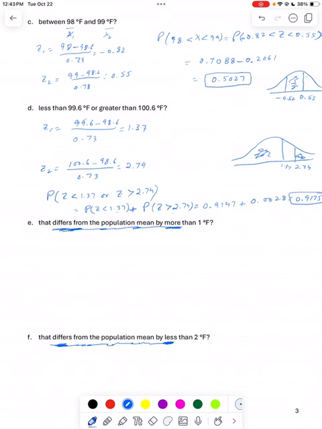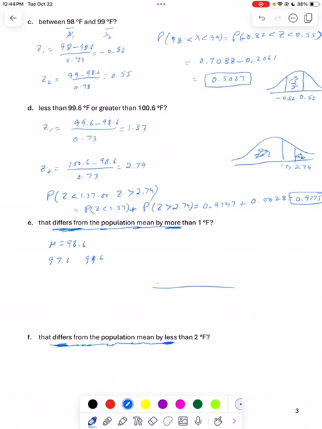What if your mean is 98.6, what will be the numbers which differ from this mean by 1? One of the numbers will be one less, 97.6, and the other will be 99.6, sorry. So these are the numbers which differ from the mean.